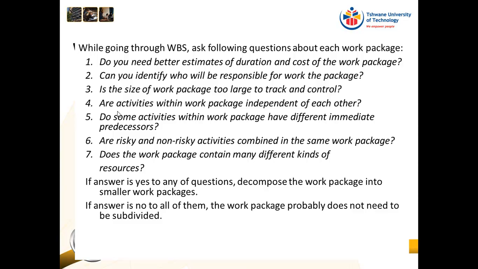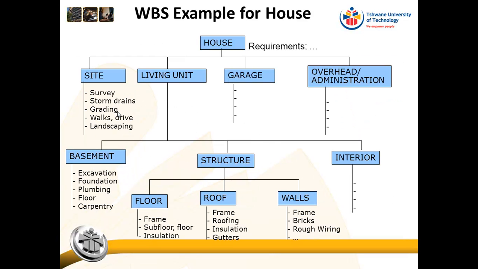If we go back to the example of the house over here, and I call this work package execute interior, you will see that now I need a plumber, a plasterer, and an electrician.